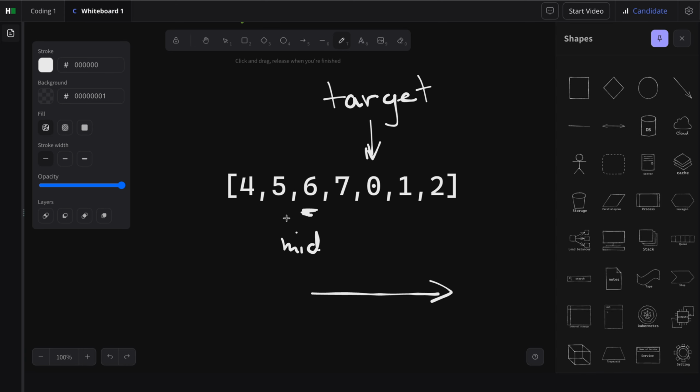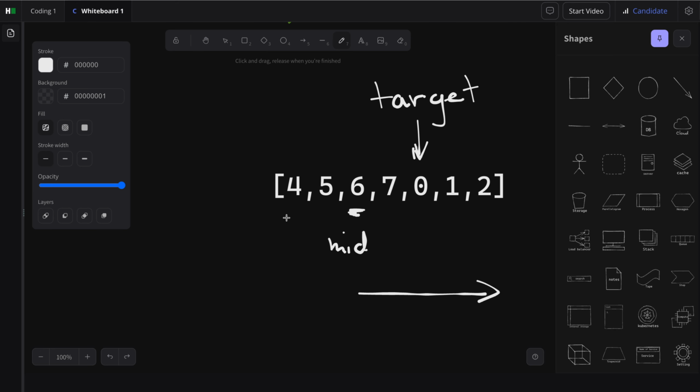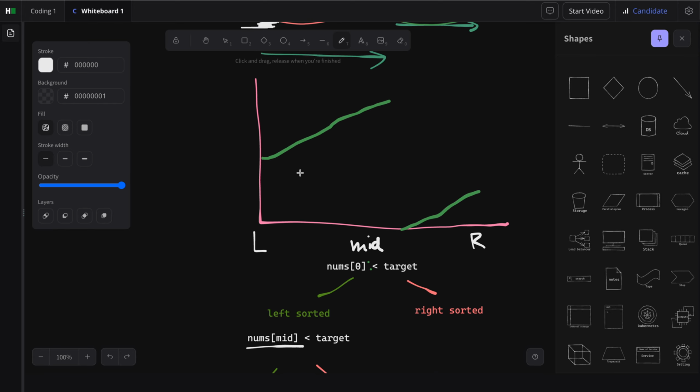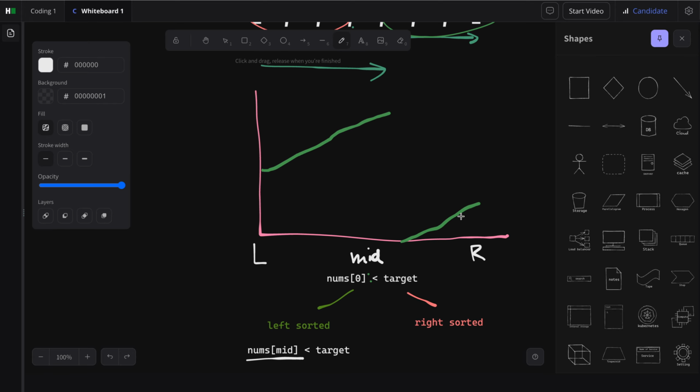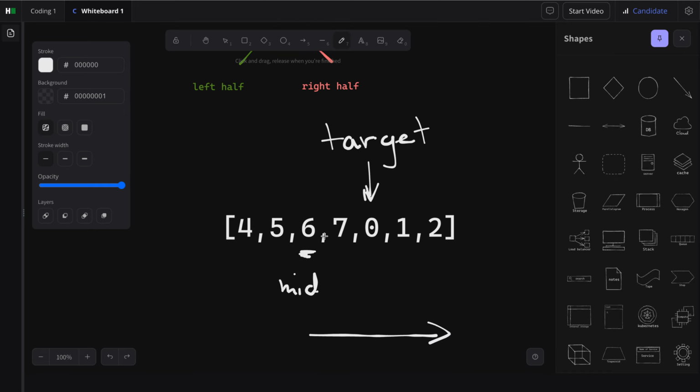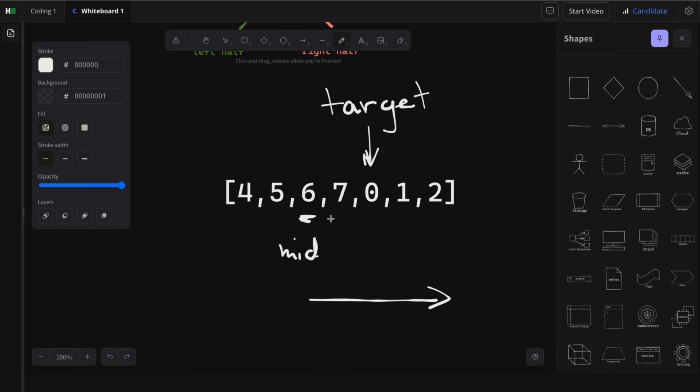And the reason why, yeah, that's true, because we're in the left sorted, we're not in this section here. We can guarantee that this left sorted is a sorted array, so the values over here to the left side will be less than this section, so we can go into this part over here.